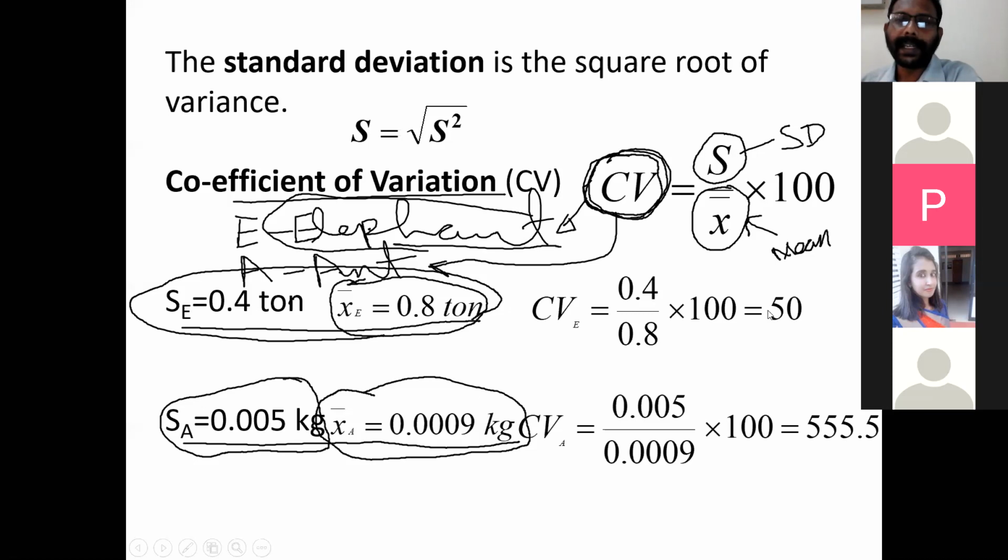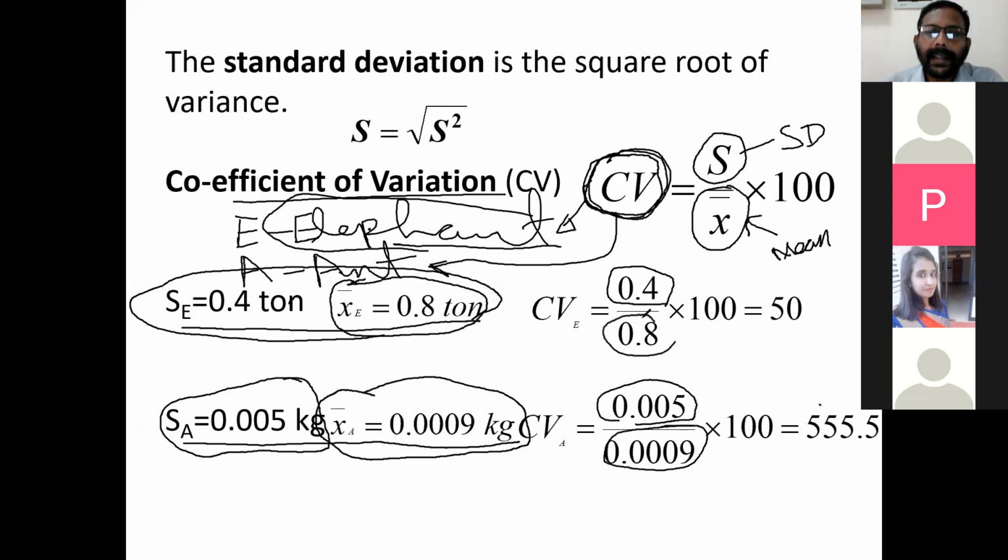So where the coefficient is higher, which animal has the higher coefficient? The ant. Why? Because in ant also there is a huge variation compared to their mean value. Here the mean value is higher compared to their variation.